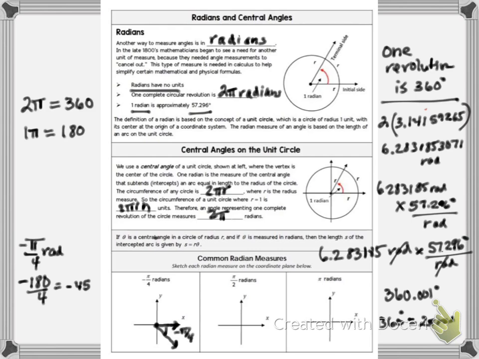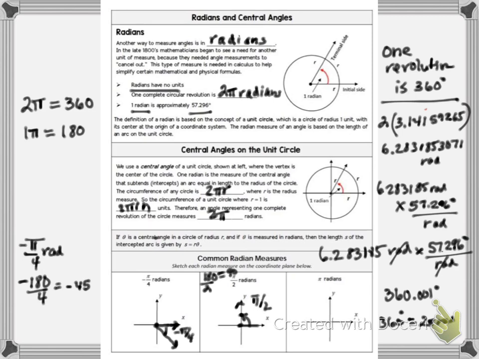All right, then I have pi over 2. If pi is 180 degrees and I divide that by 2, then I get 90 degrees. So pi over 2 is graphed this way. That's pi over 2, which is 90 degrees.